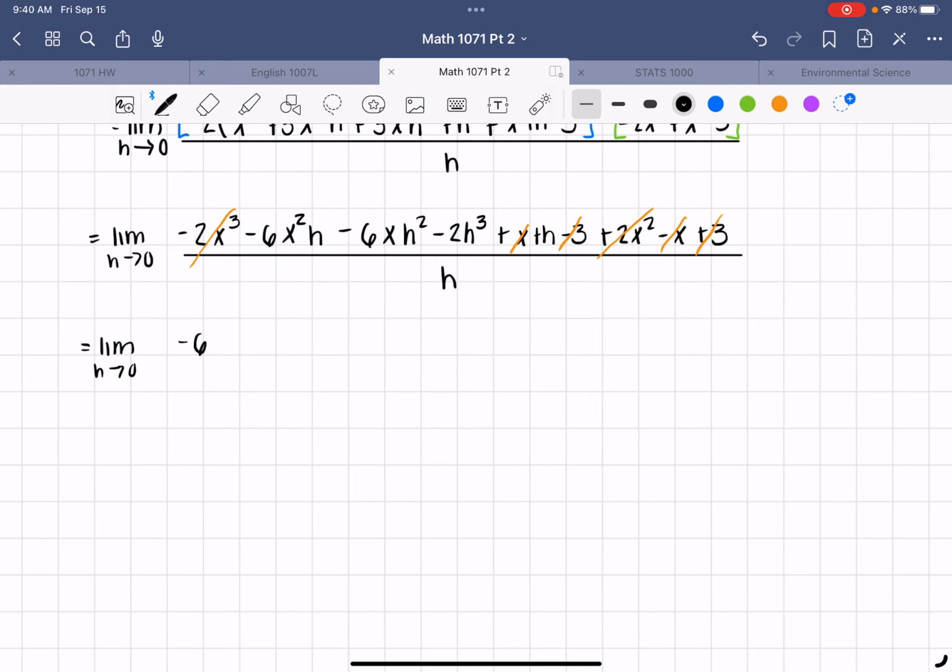Yeah? In the previous step, there's plus x plus h. You canceled out the h. No, one down. Yeah. Thank you. I got sloppy with my orange ink, thank you. I would have made a mistake. 1, 2, 3.